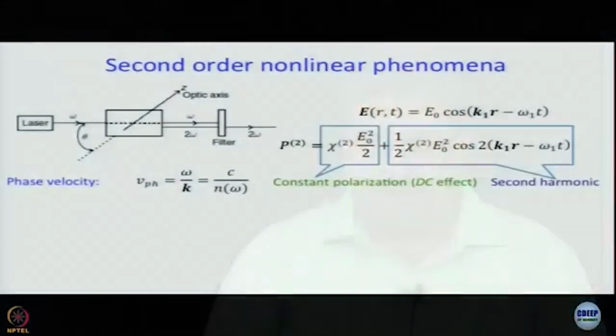Why do I write refractive index and then I write omega in bracket? Because refractive index is color dependent, frequency dependent. Remember this. This is something that we are going to build upon in the subsequent discussion. Okay. So, this is the expression for phase velocity, and it is going to come handy in a minute.